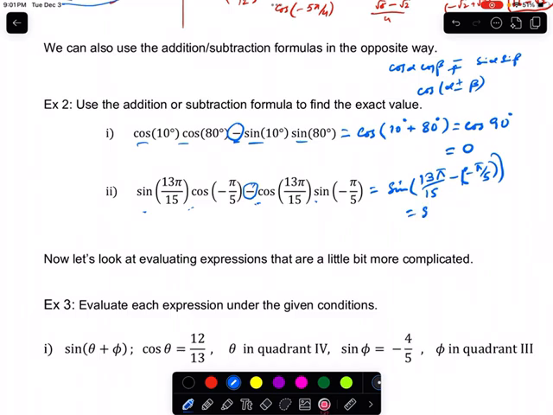That will give me sine of 13 pi over 15 plus pi over 5. The negative becomes positive, so we get 13 plus 3 pi, so 16 pi over 15. We cannot simplify it further, so we can leave it here.